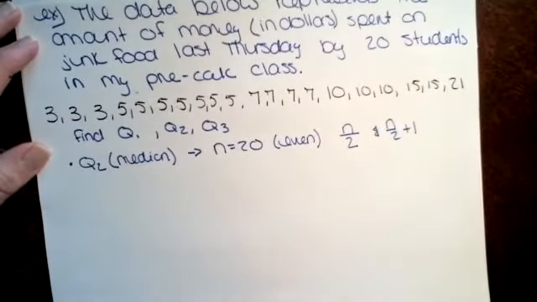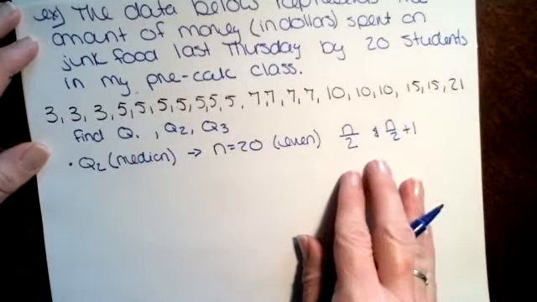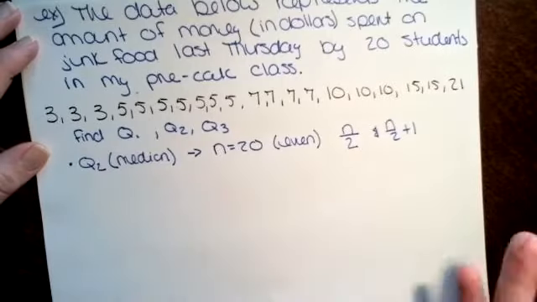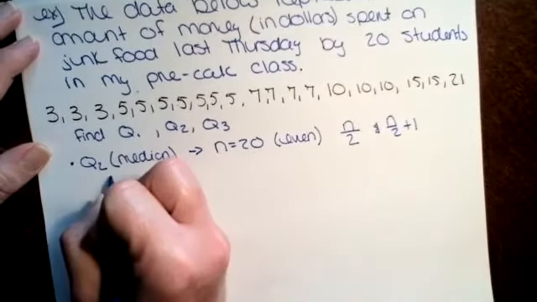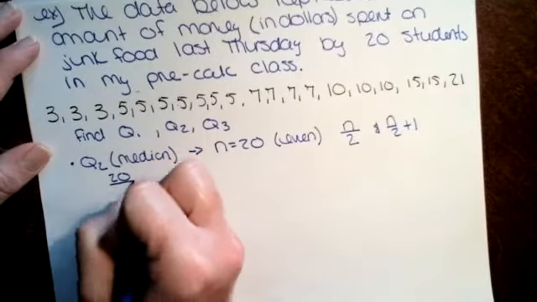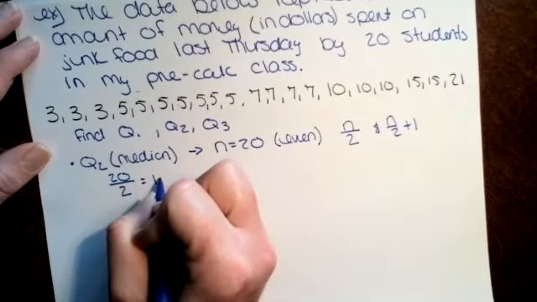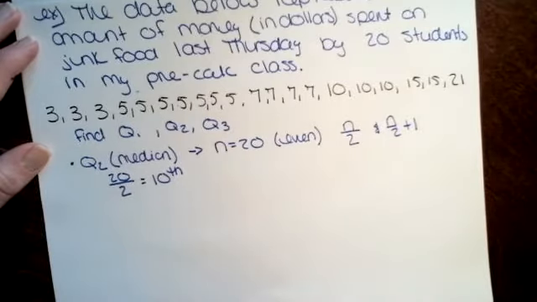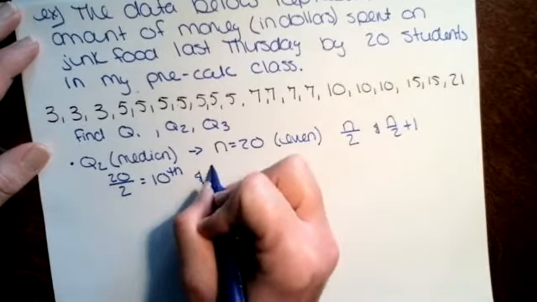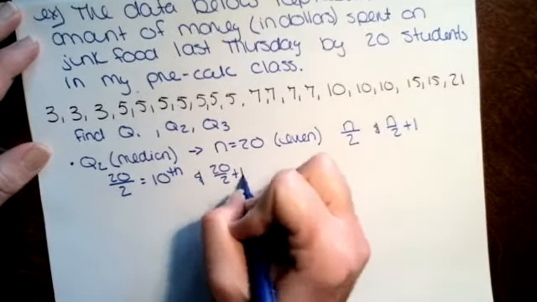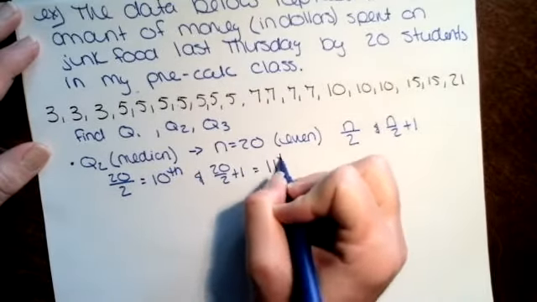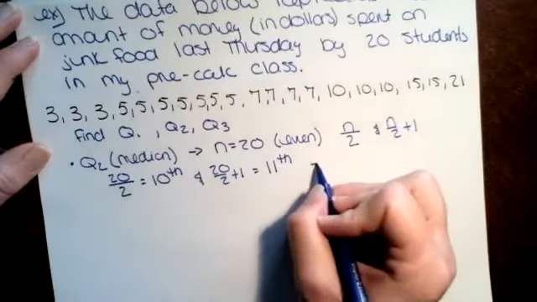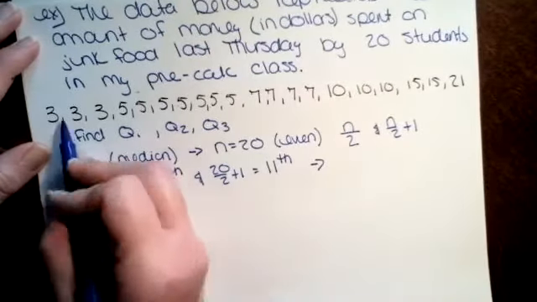Now I'm going to show all my work so everyone can follow along, although we probably could already see what that is. So my n is going to be 20 divided by 2, so that is going to be the 10th position. So the data value in the 10th position, and I have 20 divided by 2 plus 1, so that will be the data value in the 11th position. And I'm going to average them.